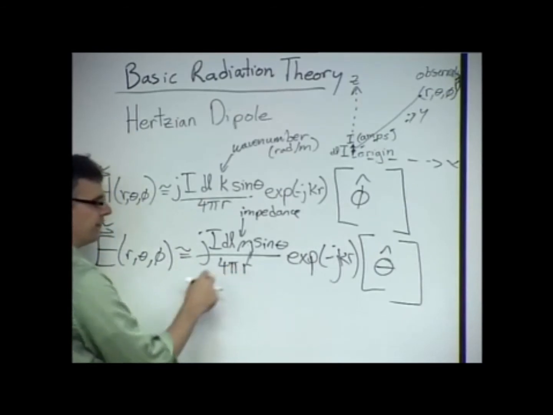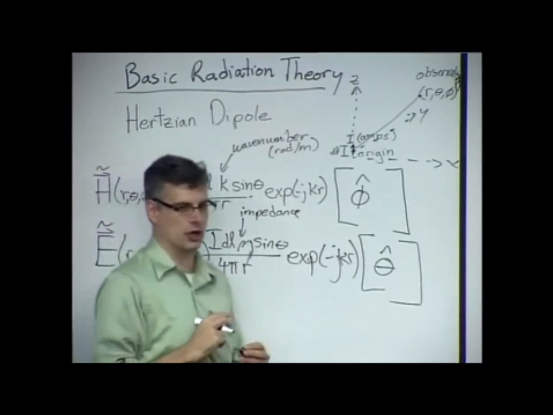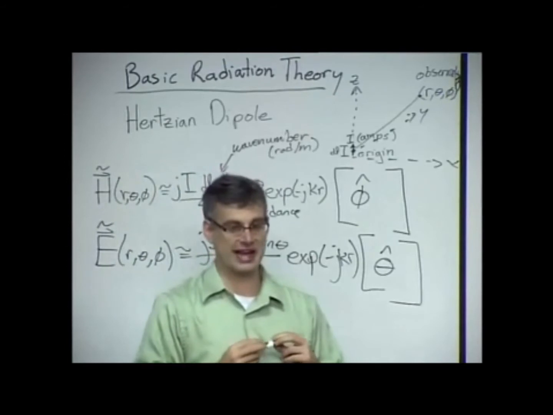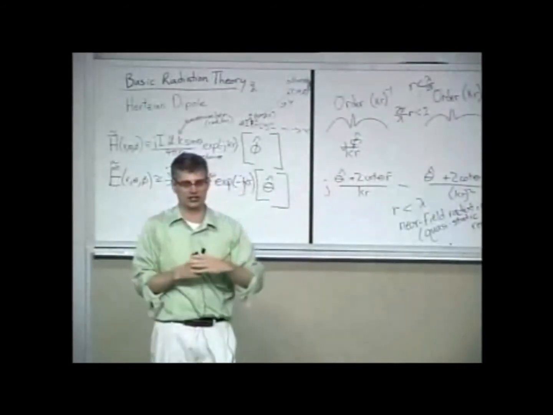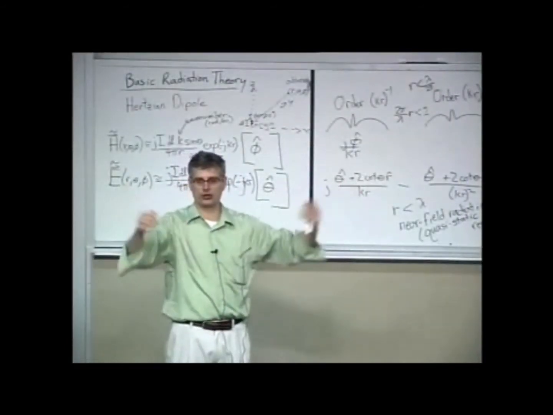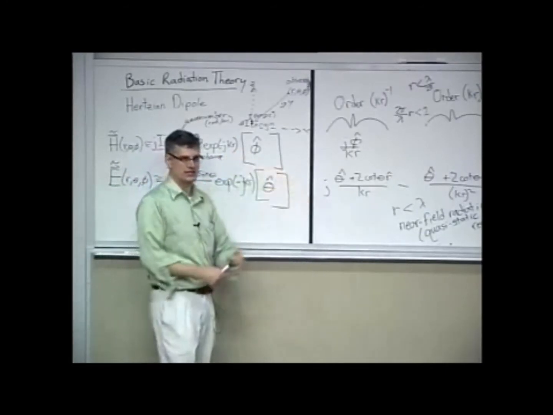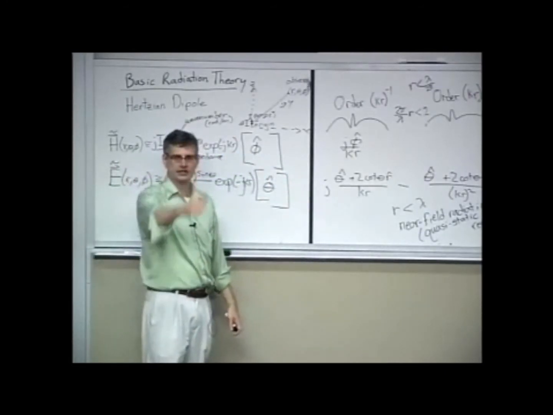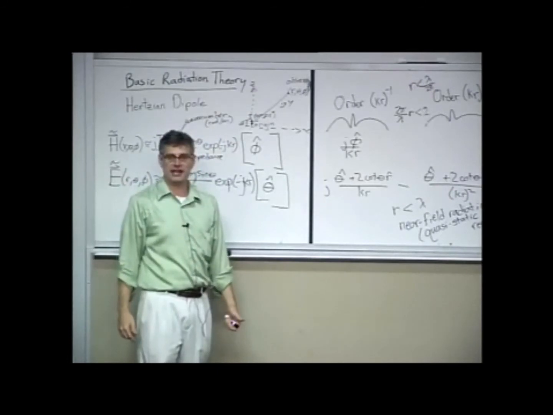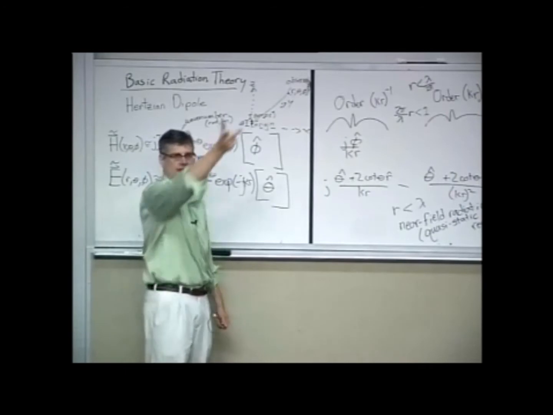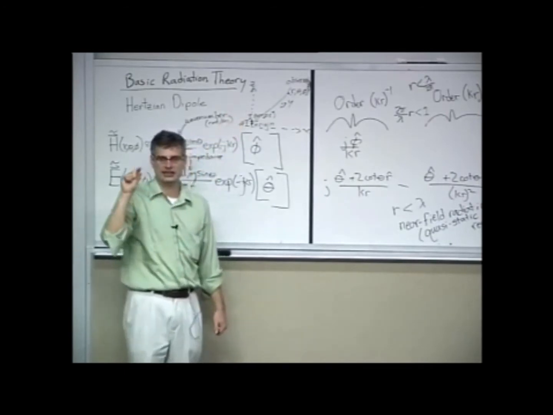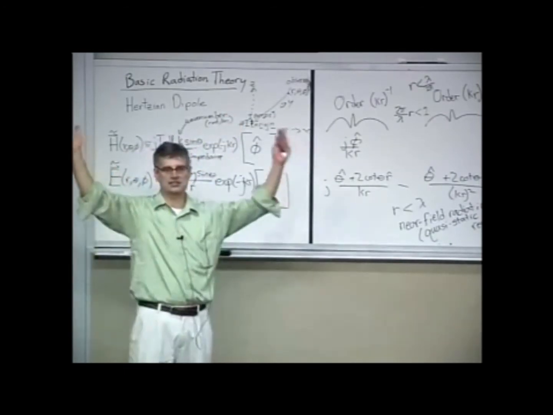These fields are only falling off 1 over r, so they last a lot longer in amplitude as you move away from the origin. And this is what's transporting your power. In a nice TEM wave, transverse electromagnetic wave, the components E and H are in phase, 90 degrees polarized from each other, transporting power away from the little radiating Hertzian dipole out into the deepest of space.